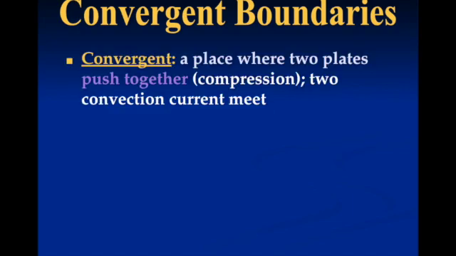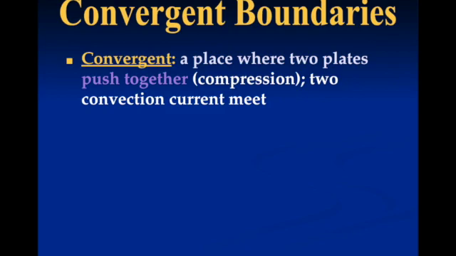So today, we're going to start with convergent boundaries. Divergent, we've talked about when they are being pulled apart. So convergent actually means converge. The plates are actually converging onto each other. A convergent boundary is a place where two plates push together, so they're being compressed.